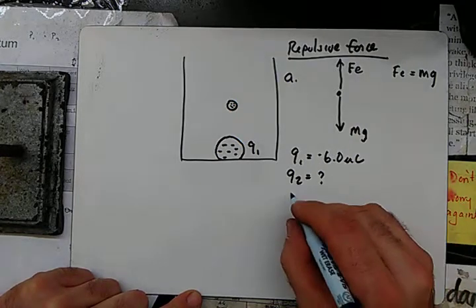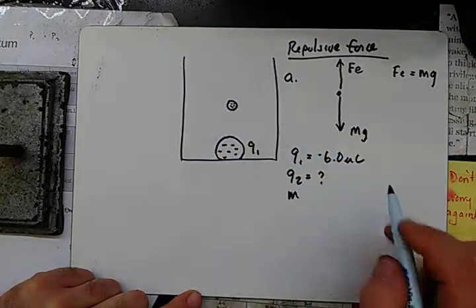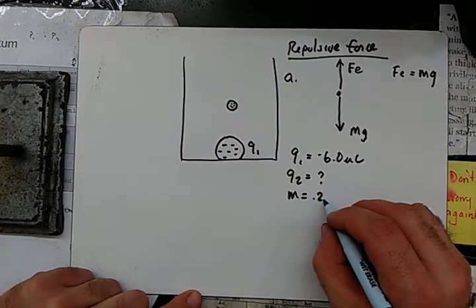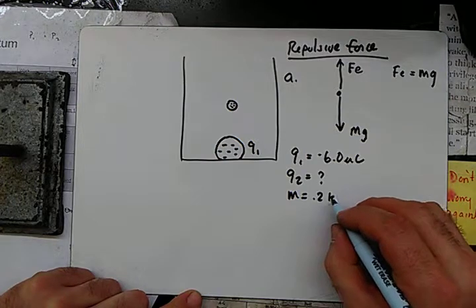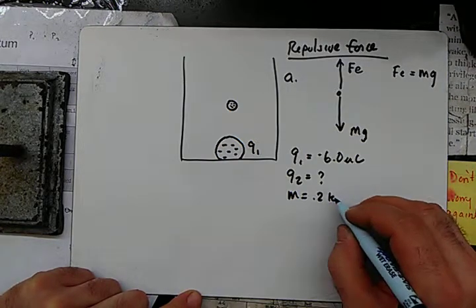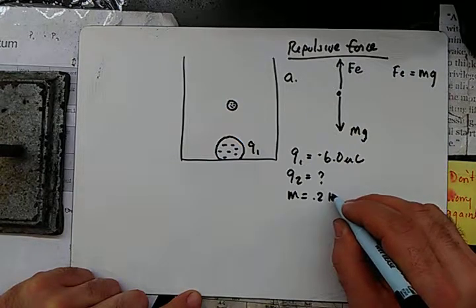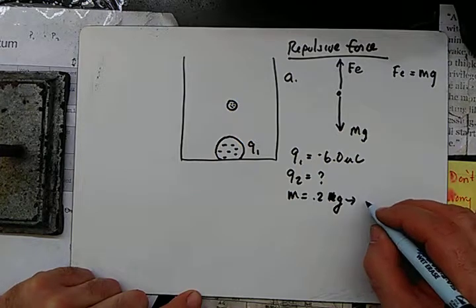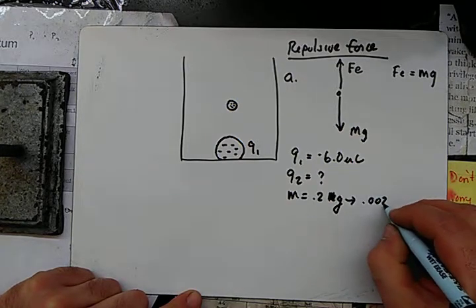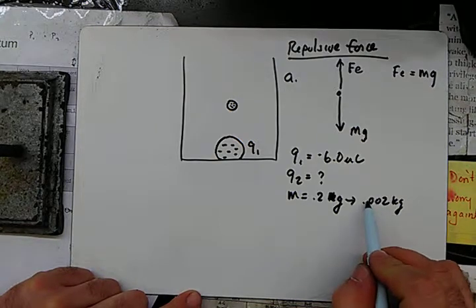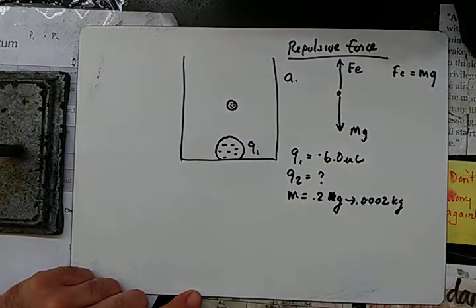Let's say the mass of the top one is 0.2 grams, which is 0.0002 kilograms.